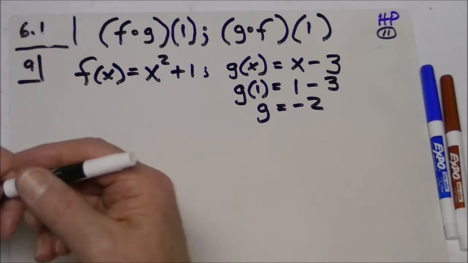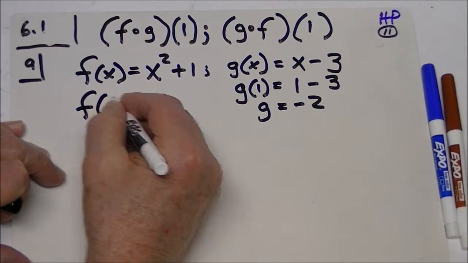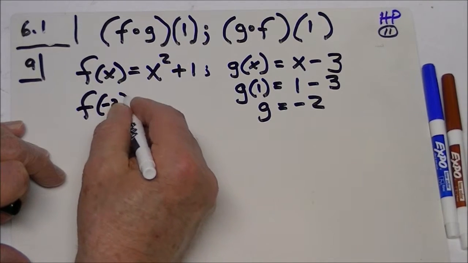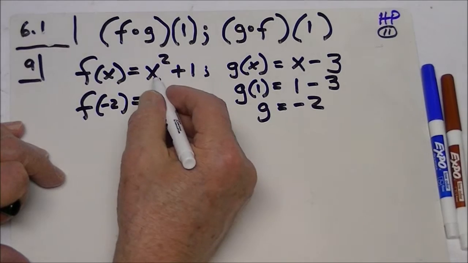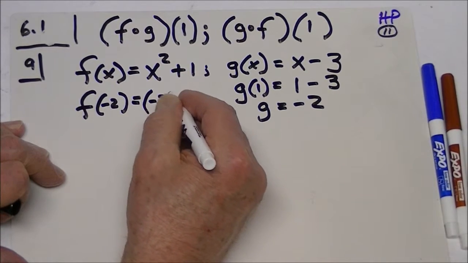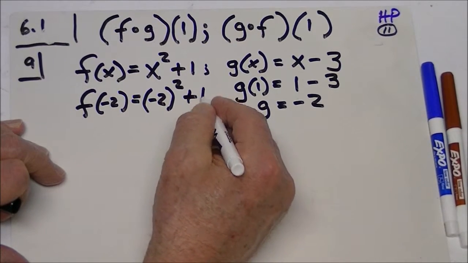So what do we do here? Well, this is going to be f, where the x value now is a negative 2. So where the x is, we put in negative 2 squared plus 1.